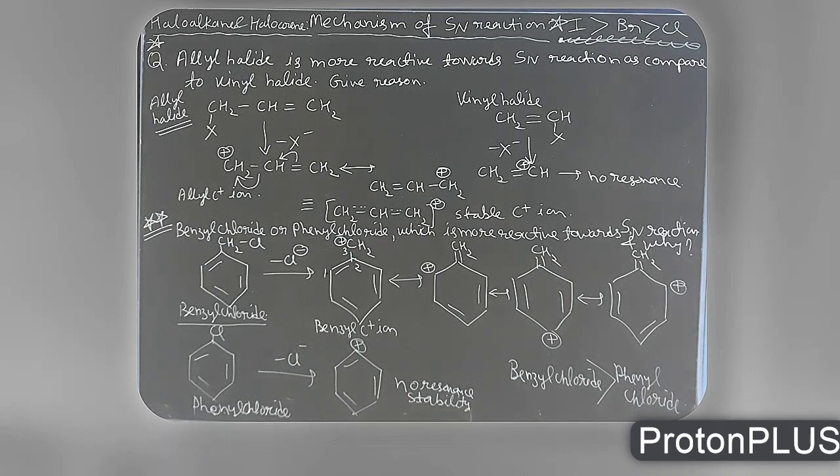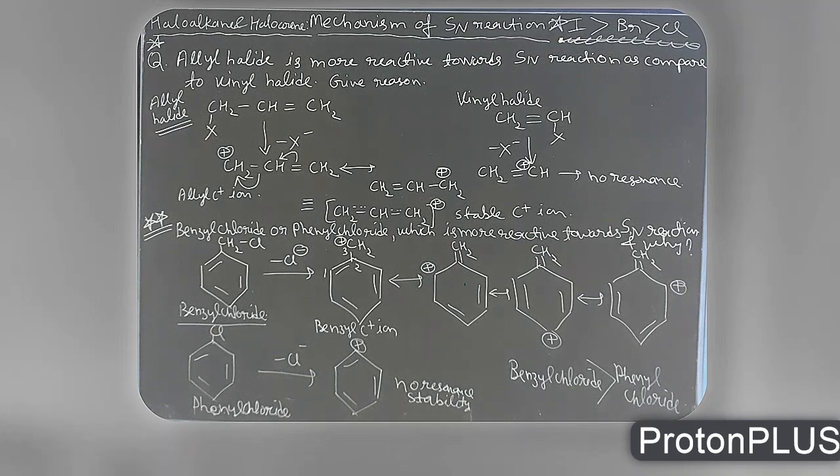Conjugation is there. So due to electromeric effect, position of the pi bond will shift from 1 to 2. Charge density will move towards position number 2, and then position number 2 to 3. Negative charge will move by forming pi bond, and we will get the first resonating structure.